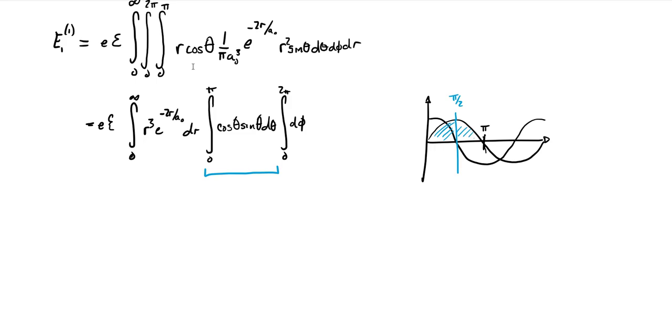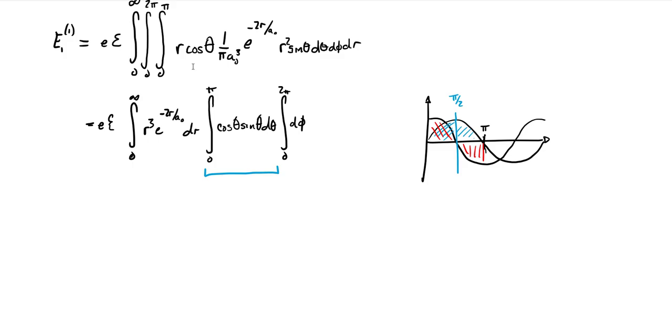The sine is even about pi over 2, and the cosine function is odd about pi over 2 over that interval. So you put them both together, and this integral ends up being odd about its middle.